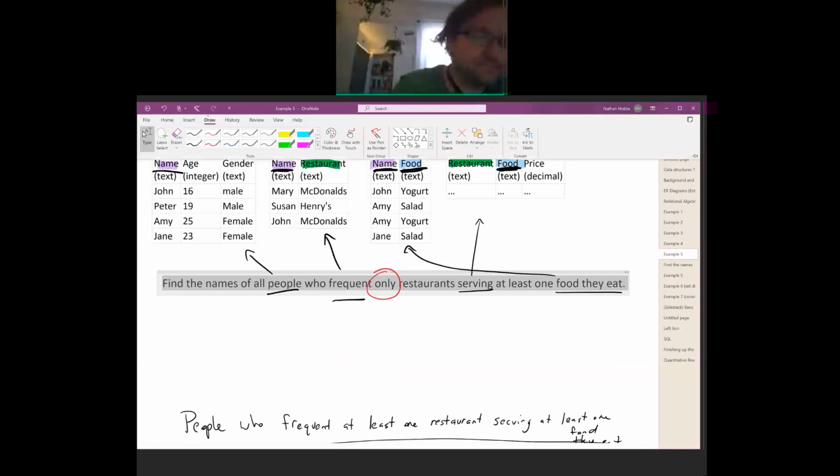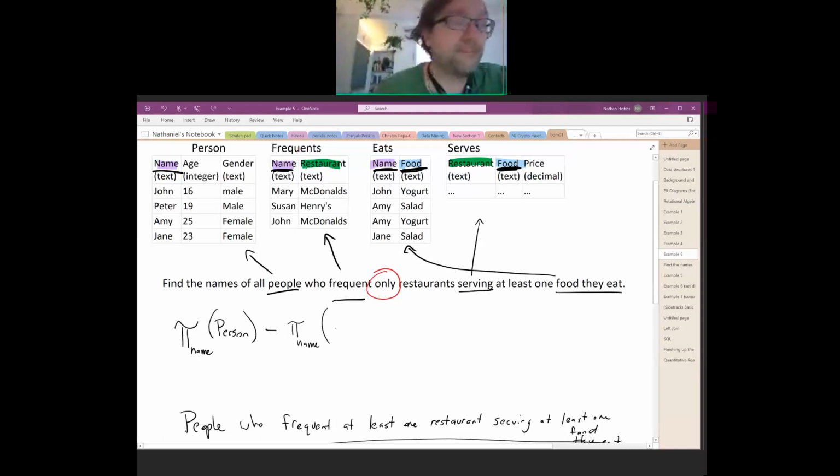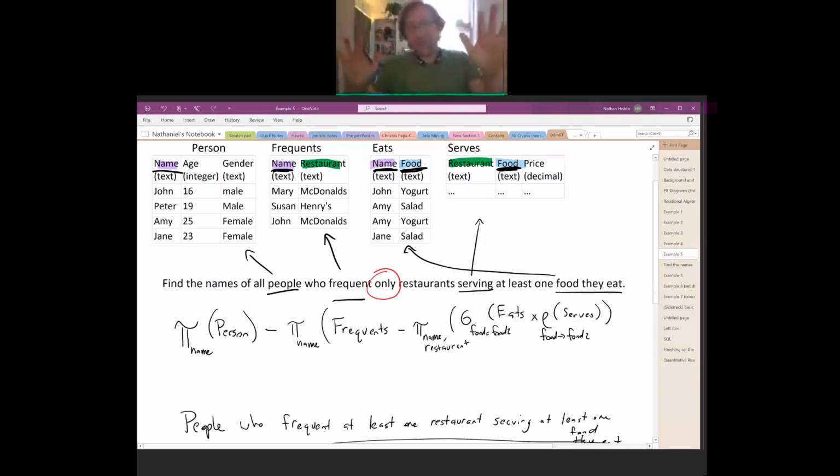The second one, if I can go back here, now I'll write the query and go through it. Okay. Hold on. There we go. Like I said, it's a harder looking query.